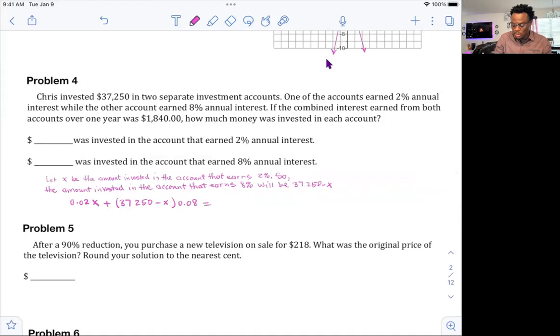That equals the total earned by both accounts.